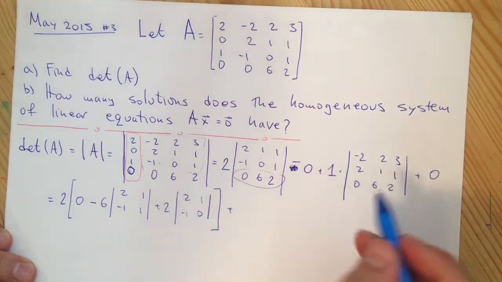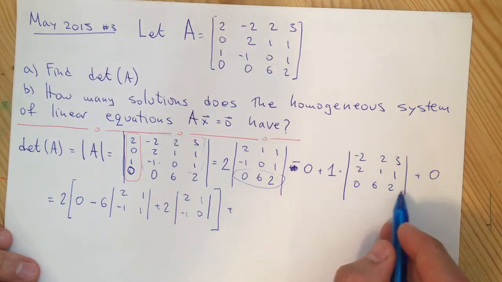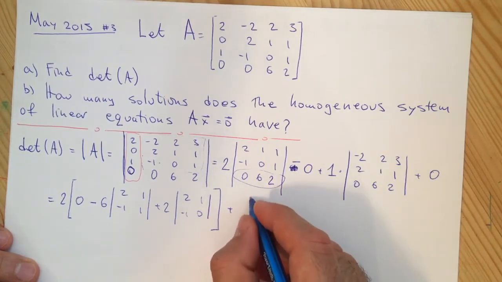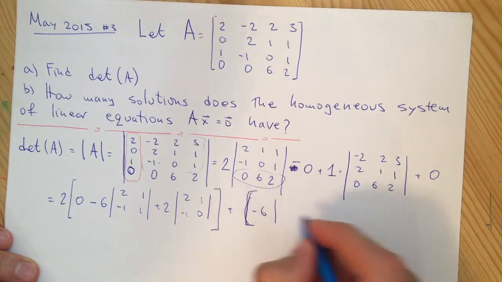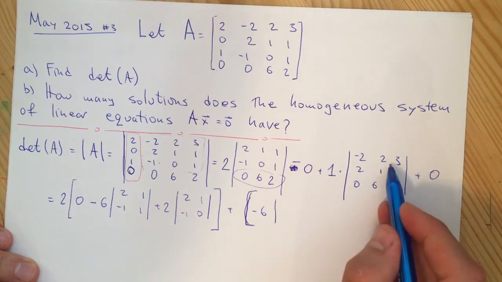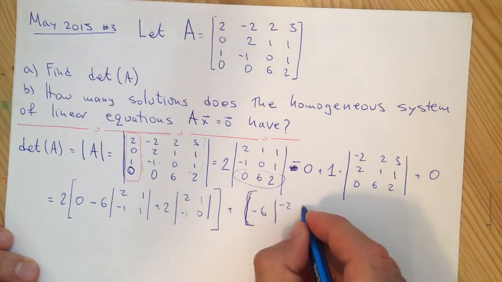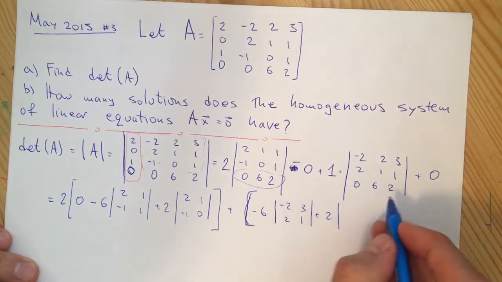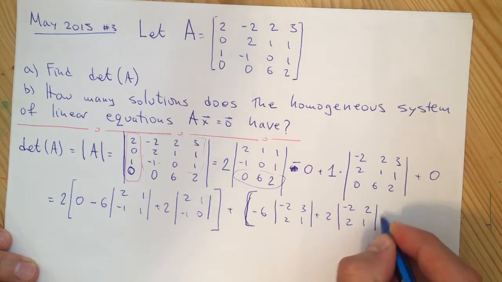Plus 1 times, and now I can do the same thing. I can choose the same row, so that's positive, negative, so negative 6 times the determinant of the submatrix negative 2, 3, 2, 1, plus 2 times the determinant of the submatrix negative 2, 2, 2, 1.